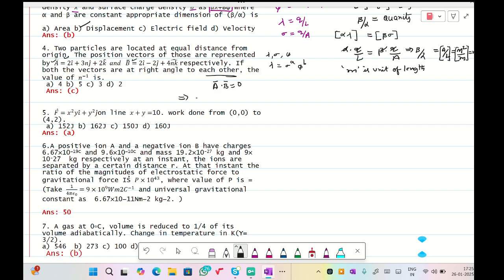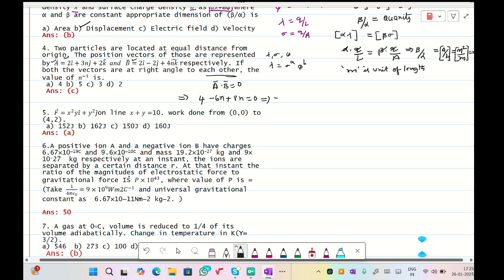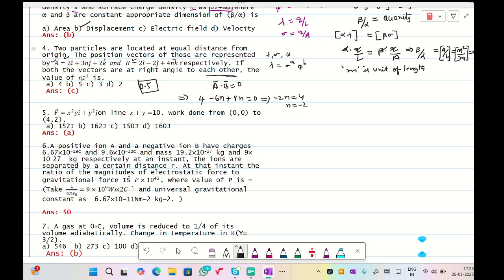That means 2 into 2 is 4, minus 3 into 3n is minus 6n, and 2 into 4n is plus 8n, equal to 0. That implies minus 2n is equal to 4, so n is equal to -2. Therefore 1 by n, n inverse, means n power -1, which is 1 by n. They are asking 1 by n equal to 1 by -2, so minus 0.5 has to come.